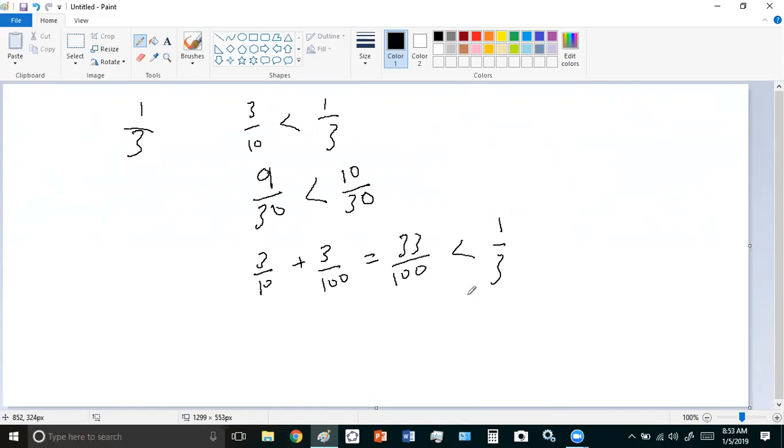The way we can work this out is to multiply both the top and the bottom by 3, so in this case you will have 99 over 300, and here we'll have 100 over 300. So as you can see, it's impossible to measure 1/3 using tenths.